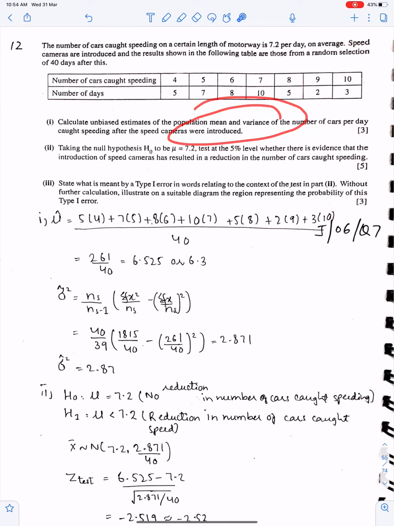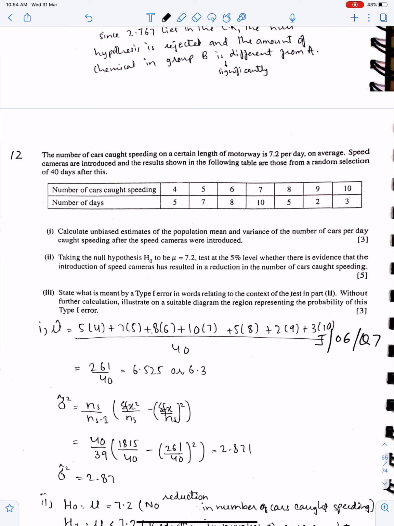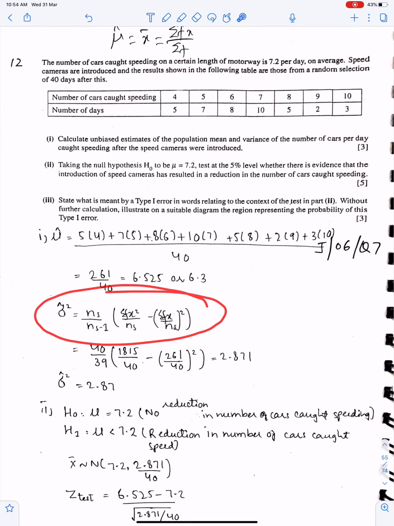So the formulas are here: for the mean, x bar is sigma fx over sigma f, and the formula of variance is here. Part 1, calculate unbiased estimates, done, and use the exact value in later parts, the longest value, the more accurate value.